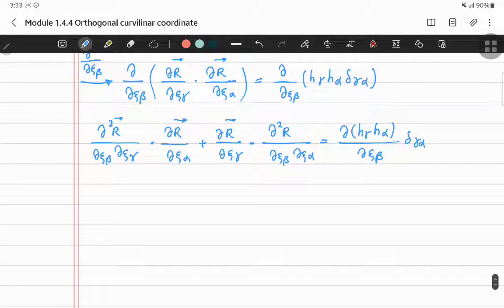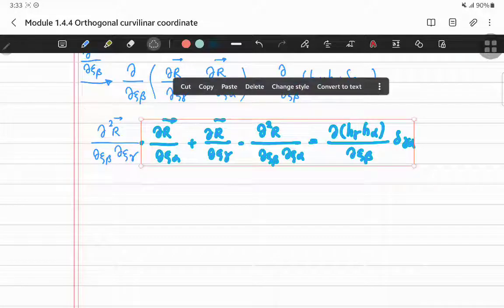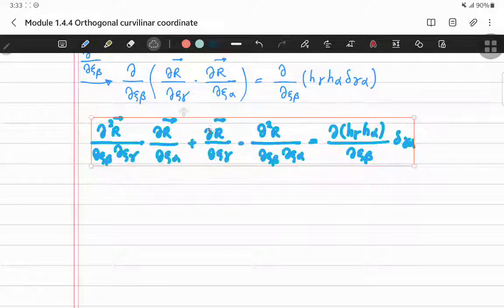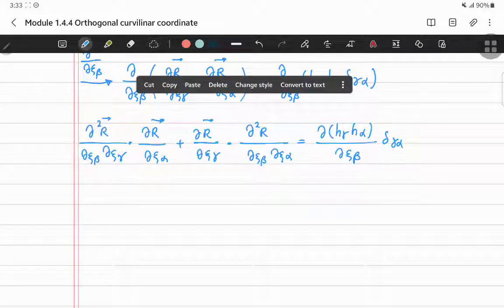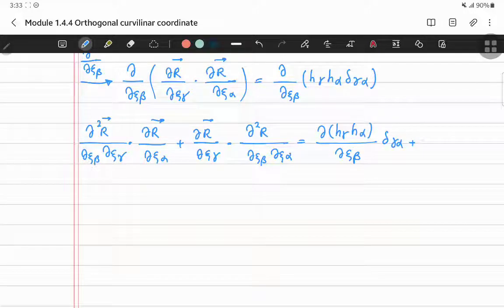For the sake of completeness, let's write this term as well. Plus H gamma. I'm taking this derivative, delta gamma alpha with respect to Z beta, but we know that this is 0, so it will become 0.